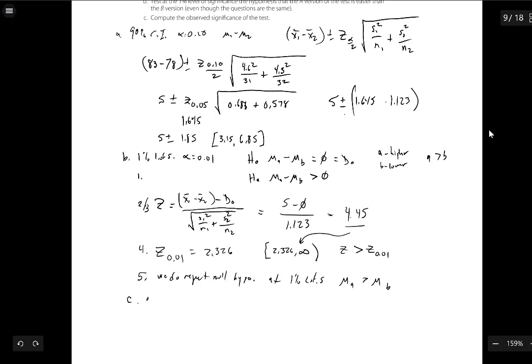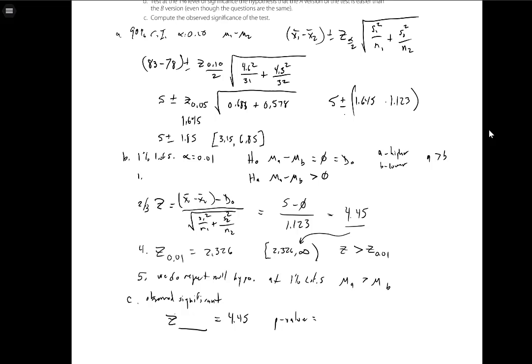Okay, all right, let's look at if we compute the observed significance of this test. So the test value, our z, was 4.45. Our p-value, the level of significance for this test, will be the probability that gives us the 4.45.